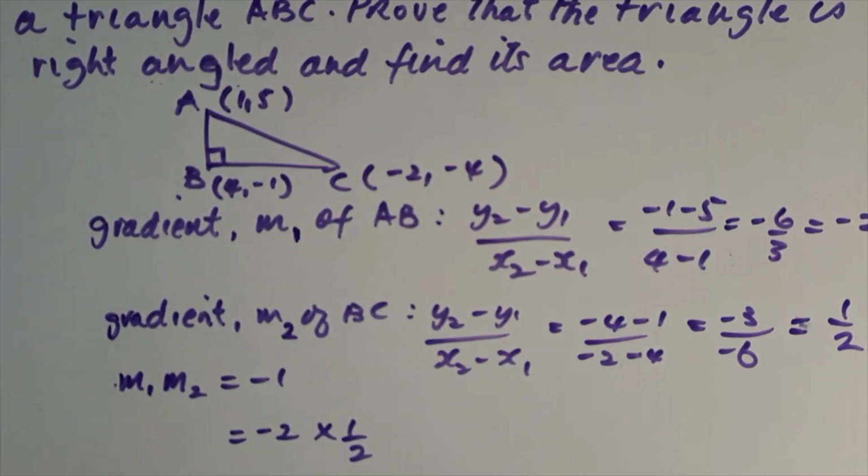We can go about finding the length of AB and BC. We could use Pythagoras' theorem and produce a more convincing argument that this is a right-angled triangle. We'll do that in part 2. Thanks for watching. I'm Alistair.